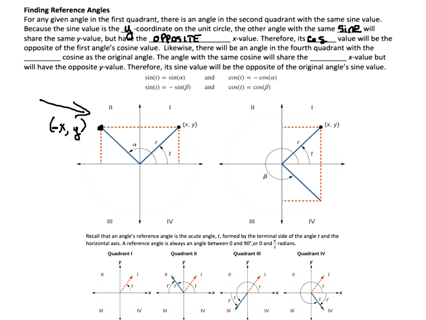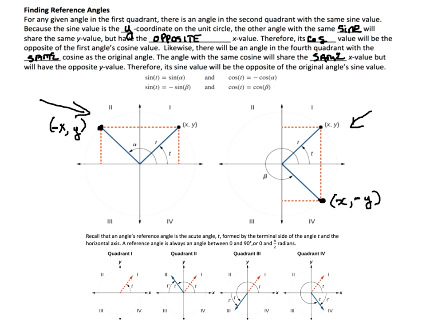Likewise, there will be an angle in the fourth quadrant with the same cosine. So now we're looking at that second circle here, all this is saying is, well, obviously these live at the same x value. They have the same cosine, but they're going to have opposite sine values. The angle with the same cosine will share the same x value, but will have opposite y values.